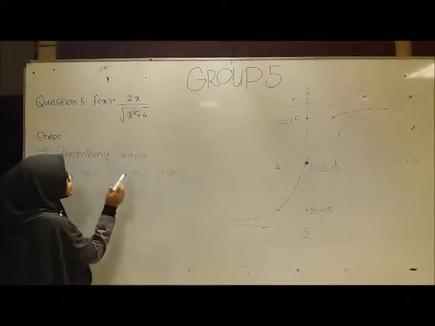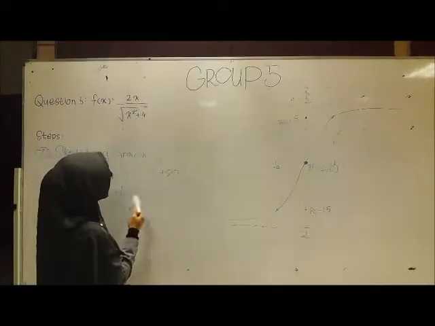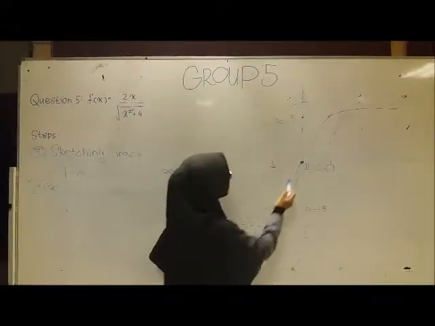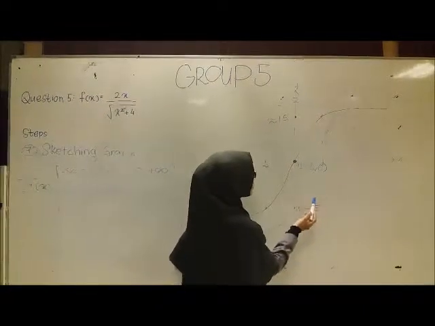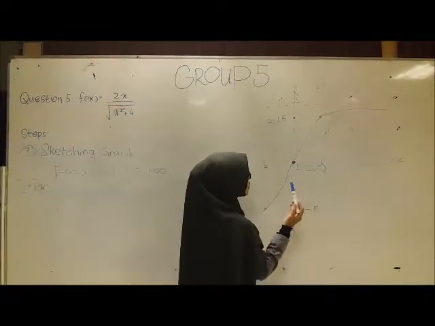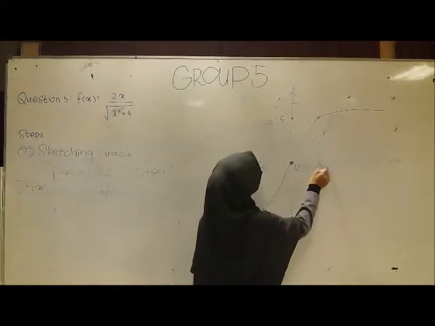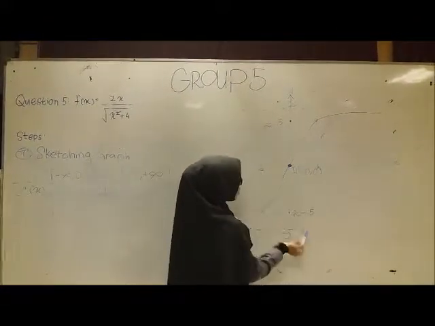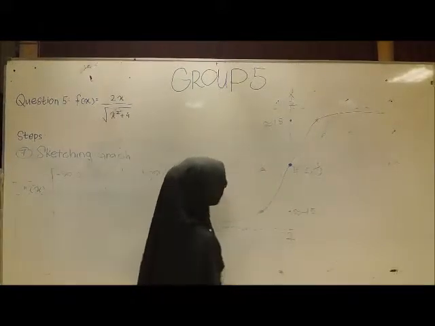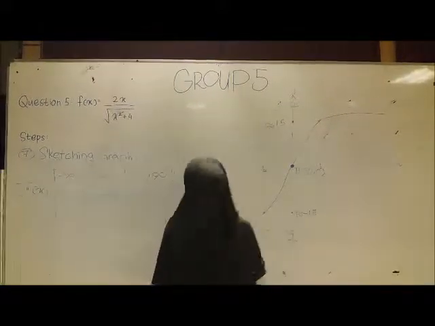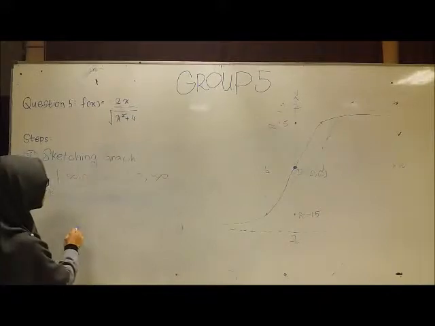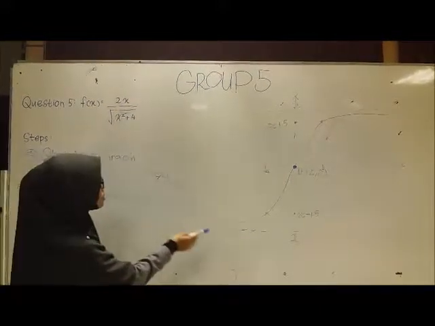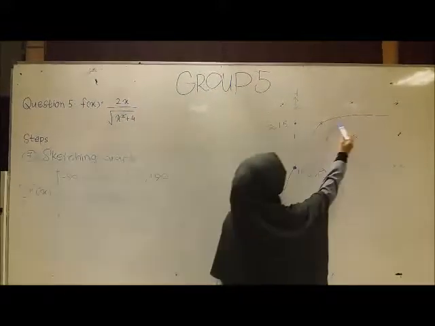After we put the values in, we get the x and y coordinates 2 and 1.5, and also negative 2 and negative 1.5. Then we sketch according to the concave upward and concave downward, and we get this graph.